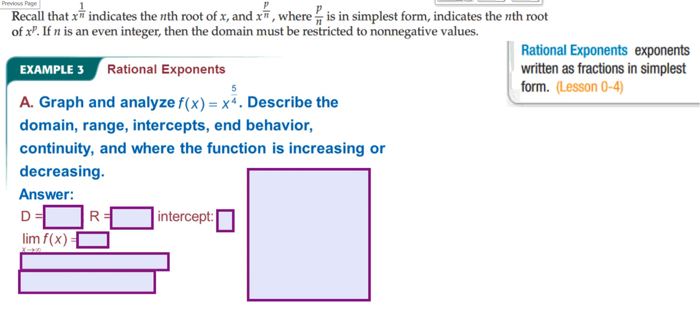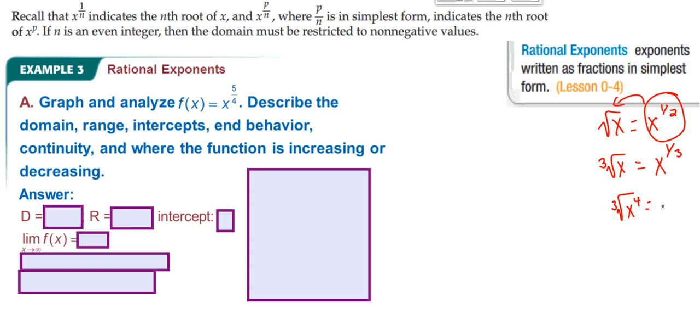And so just a reminder to ourselves that if we have the square root of x, that's equal to x to the 1/2. So when we have a fractional power, that's going to be that root. So if we have the cube root of x, that's x to the 1/3. If we have the cube root of x to the 4th, that's x to the 4/3 if we write it as a fraction.